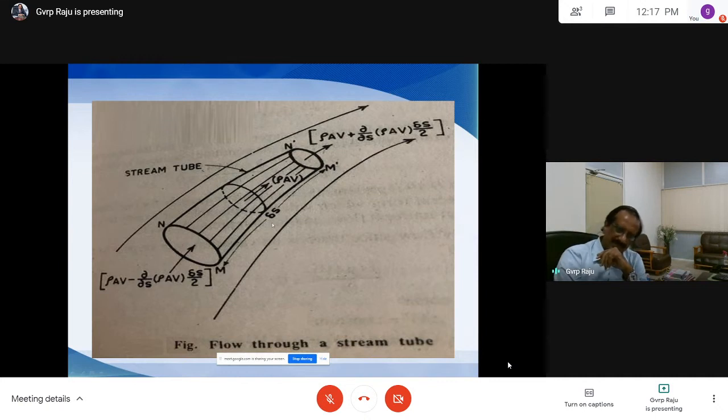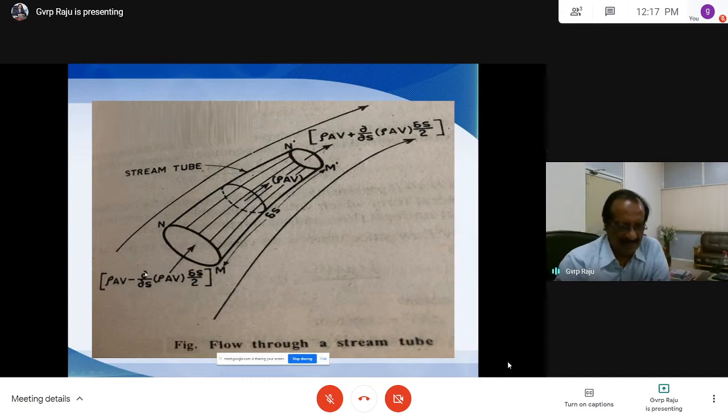The distance from here to here in total is ds, and from here to here is ds/2. So this is the mass at the center. We find the mass per second entering here is equal to the mass per second minus, because you are moving towards the negative side, d/ds of rho A V times ds/2, the change of mass when moving from here to here, where the distance is ds/2. A simple equation.